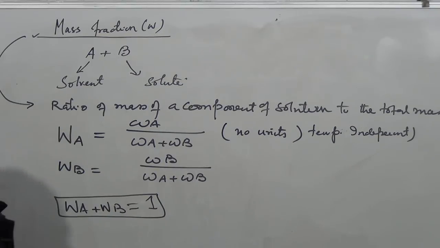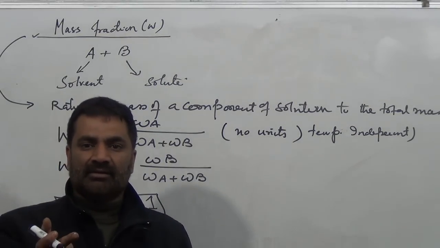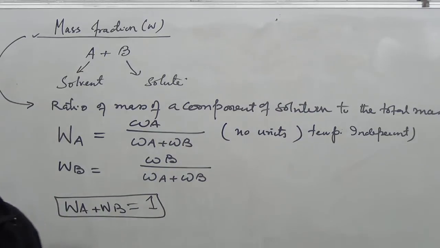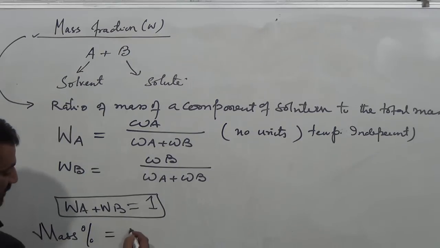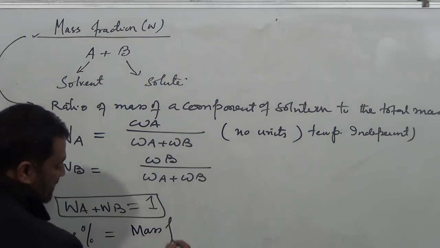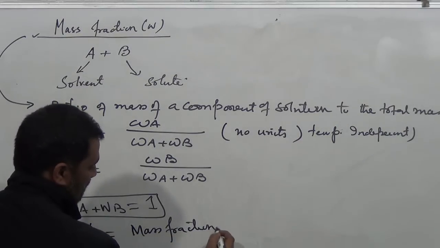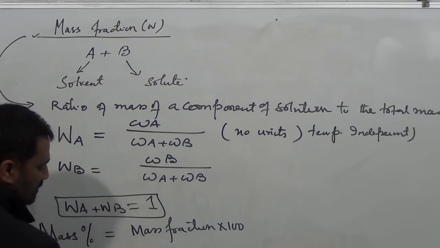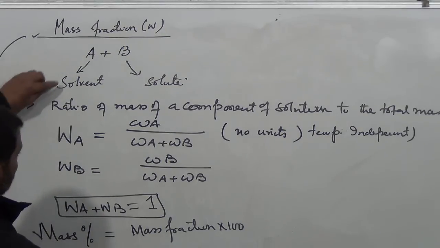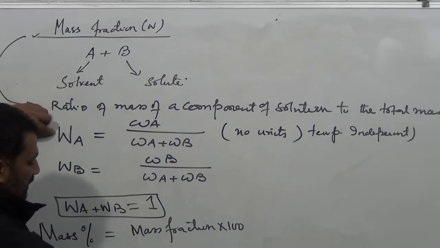If we multiply fraction with 100, it becomes percent. So I can also express it in this way: mass percent is equal to mass fraction into 100. So mass percent of A is equal to mass fraction of A, that is WA, into 100.